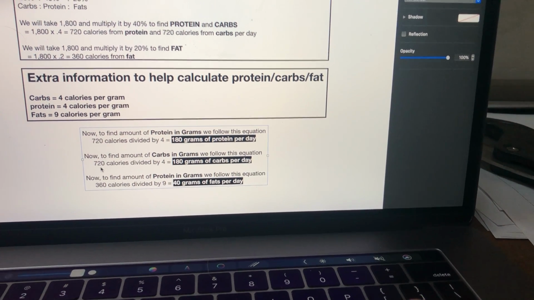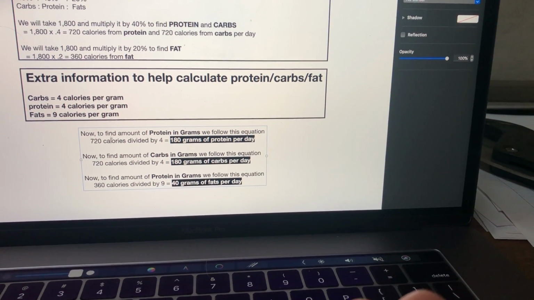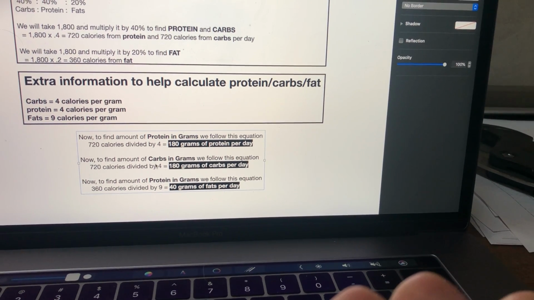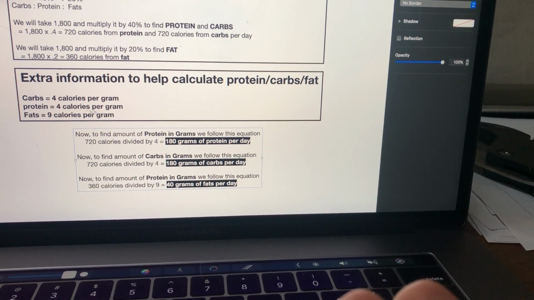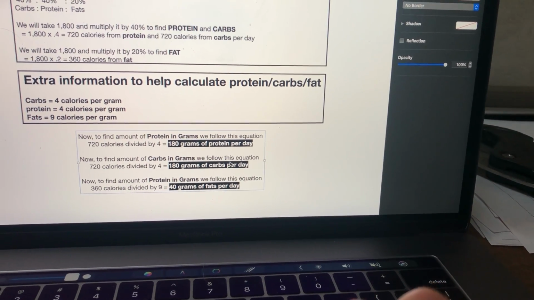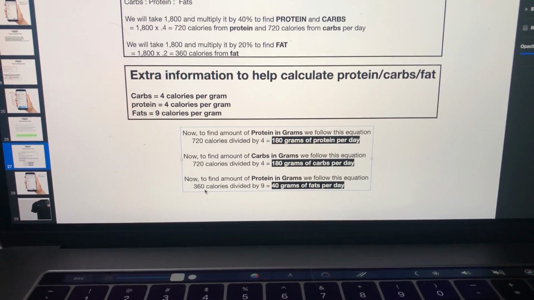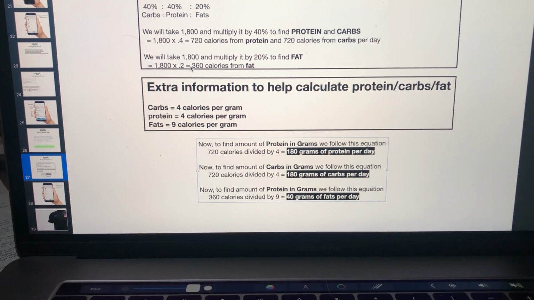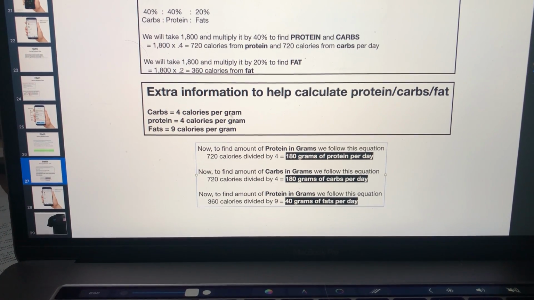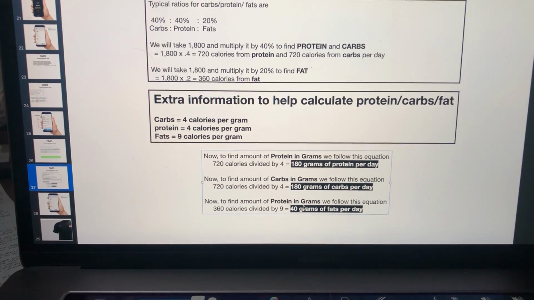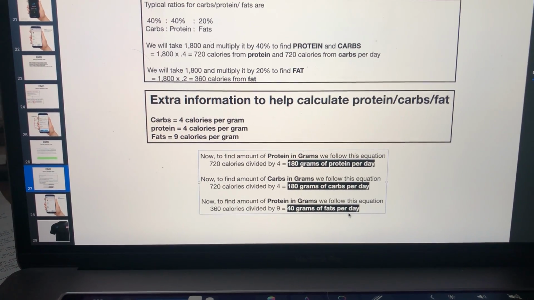The same goes for carbs: 720 calories from carbs, divided by 4, because it's 4 calories per gram, is 180 grams of carbs per day. Now we're going to take 360 calories that we found from fats, divide that by 9, because it's 9 calories per gram, and we find 40 grams of fat per day.